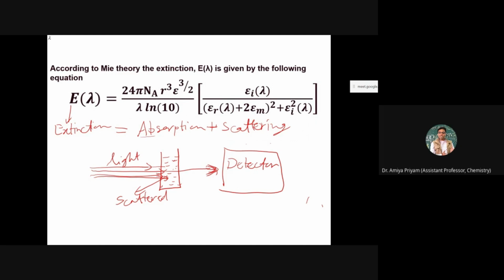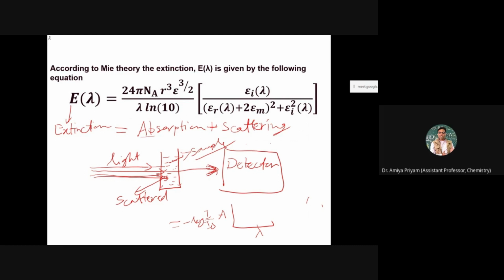In the spectrum you get a plot of absorbance A versus lambda. A is minus log of I by I naught. So it takes the intensity without sample and with the sample. The detector only notes that without sample there was a certain number of photons, 100 photons, coming.